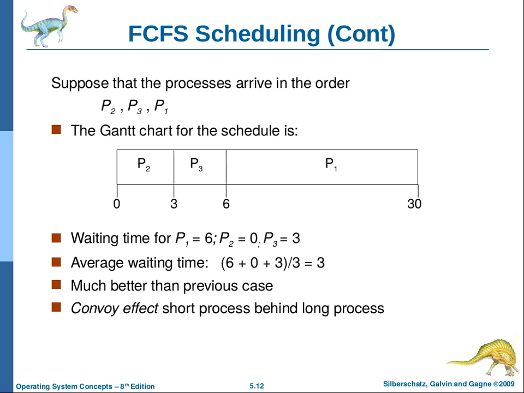The waiting time depends on when the process comes in, to figure out how long it takes before a process can execute. Is this what we want in a scheduler, to have a varying waiting time? No, not at all.